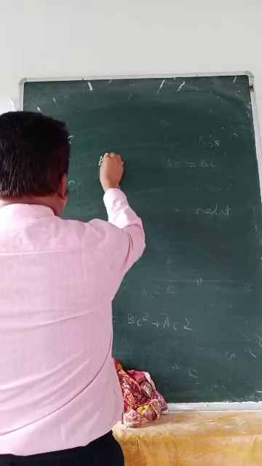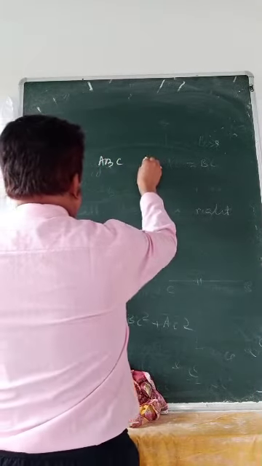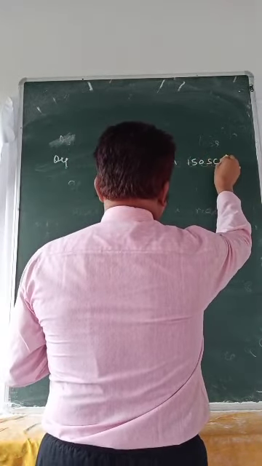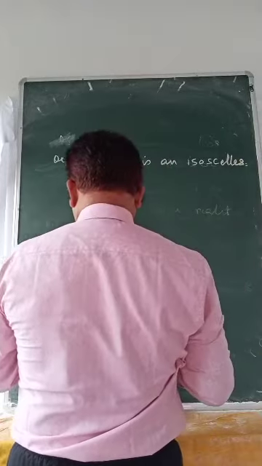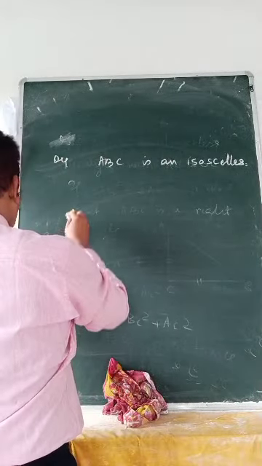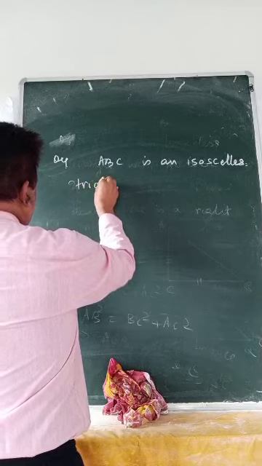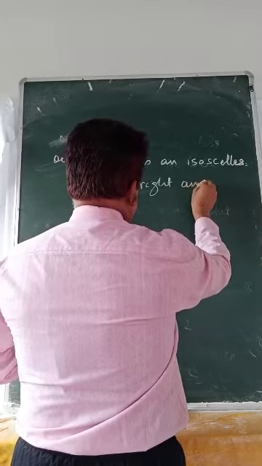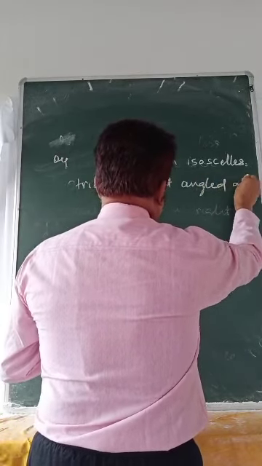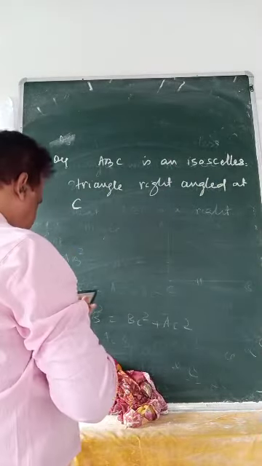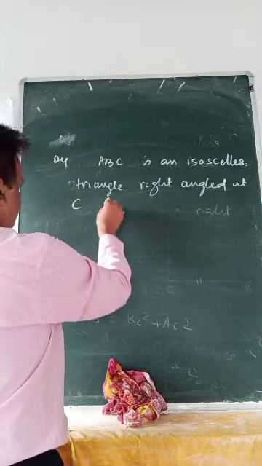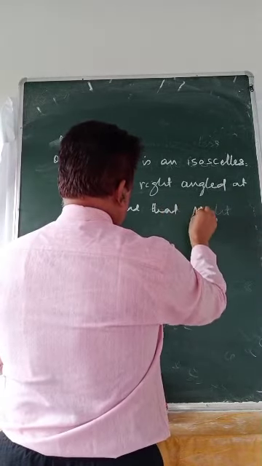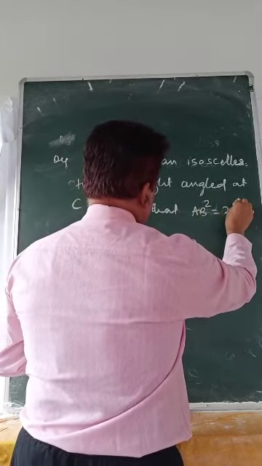ABC is an isosceles triangle, right angle at C. Prove that AB square equals 2AC square.